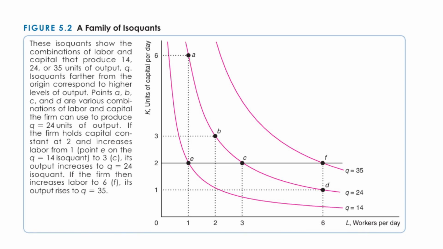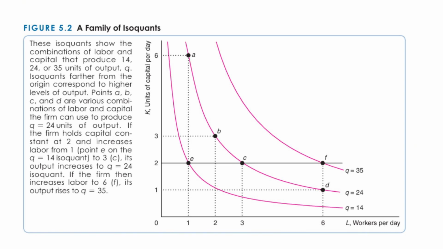When labor increases to 3 units while capital stays at 2, moving to point C, output goes up to 24 units. Increasing labor again to 6 units, to point F, raises the output further to 35 units.